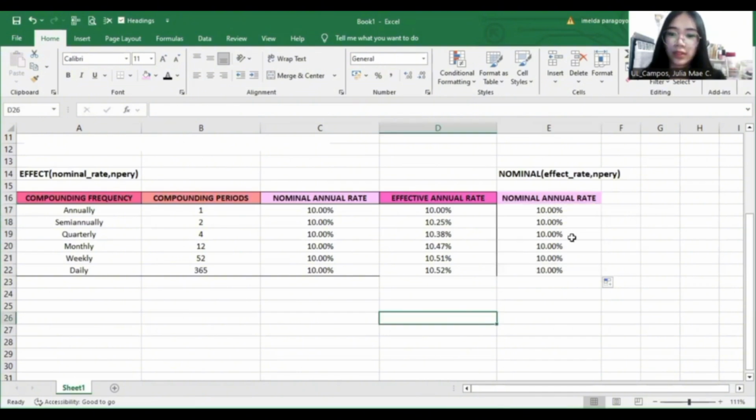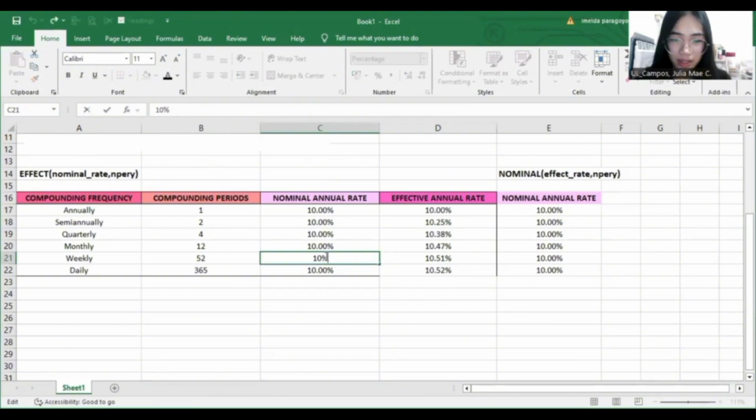So you can see that parehas lang yung lumabas dito tsaka dito. So let's try changing this to 11%. Let's see if parehas yung lumabas. Ayan.